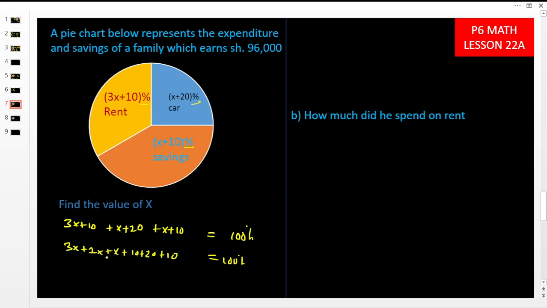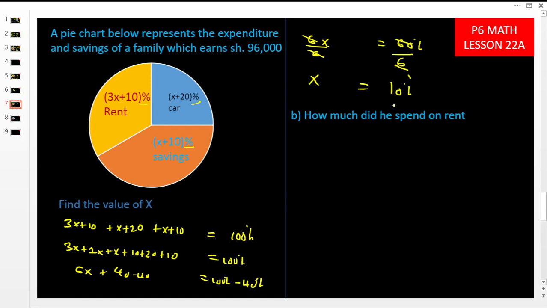Now this is 6x plus 40. Minus 40 is equal to 100% minus 40%, because these are percentages, right? Then we have 6x is giving us 60%. Divide by 60, divide by 60. X is equal to 10.